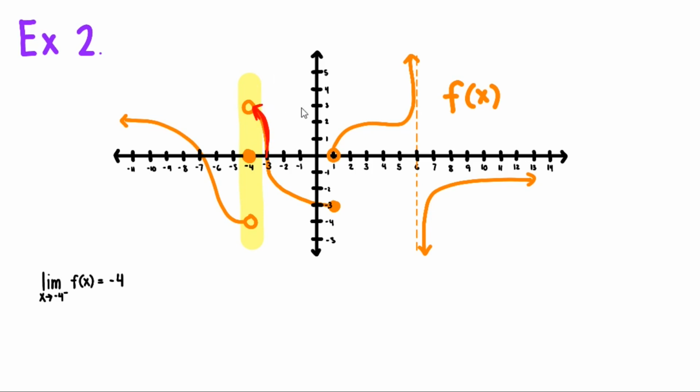The value out here is 3. I hope that this can be seen, since the character is quite small, but this one is 3. So the limit of f of x as x approaches -4 from the right is 3. Since these two are not equal, we conclude that the limit does not exist, since there isn't a definite value of f of x when x approaches -4.